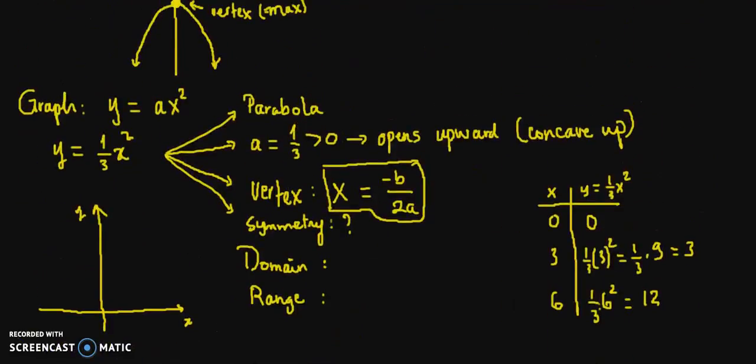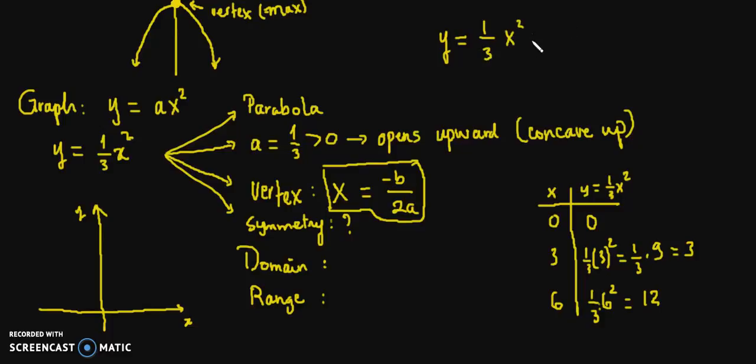So here, when I find that x equal to -b divided by 2a, I also know the axis of symmetry. How will I find out the vertex? I know that our function is y equal to 1/3 x squared, right?